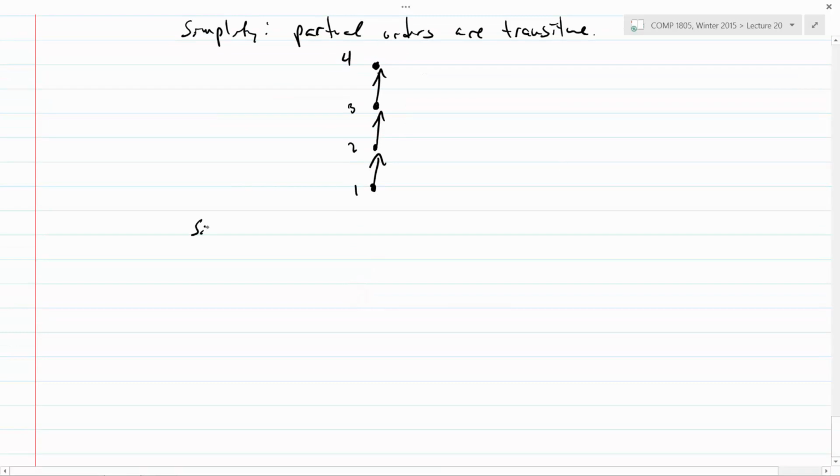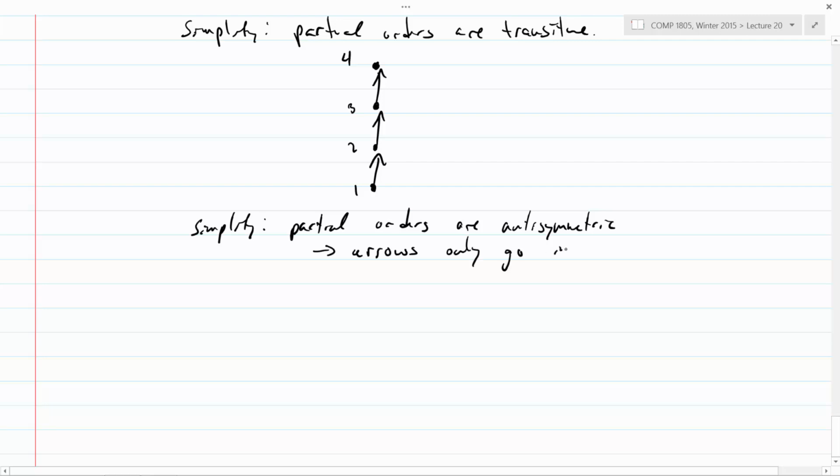So simplify. Partial orders are antisymmetric. And therefore, arrows only go in one direction. And let's say that direction is up.